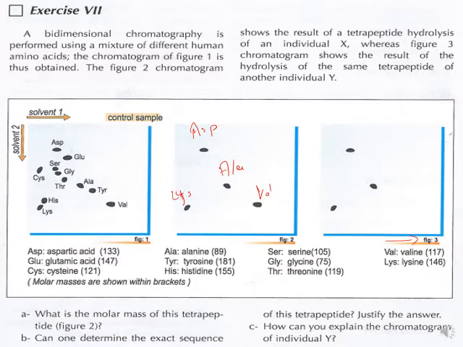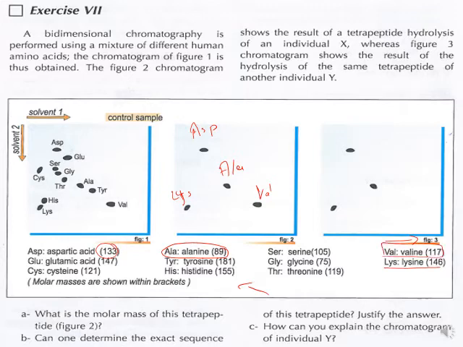So if I want to find out the molar mass, how can I find it? It's found here. ASP, this is aspartic acid, 133. Lysine, LYS, is 146. Alanine, ALA, is 89. Valine, VAL, is 117.